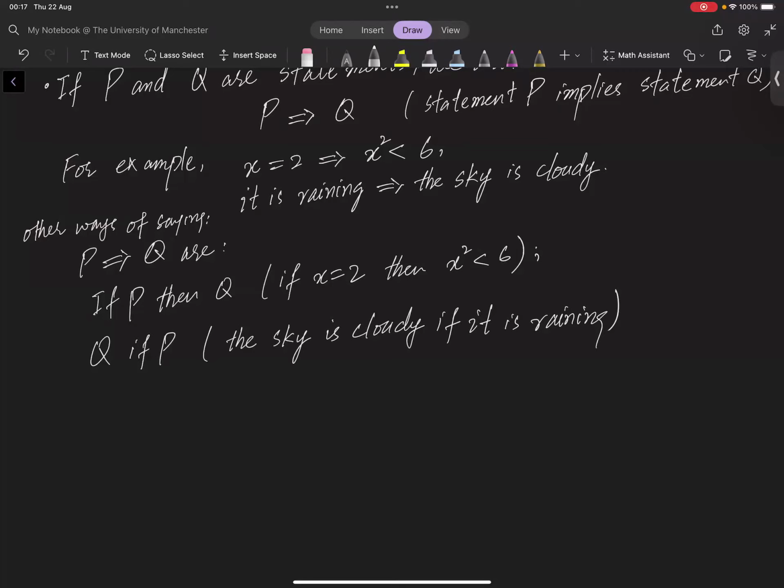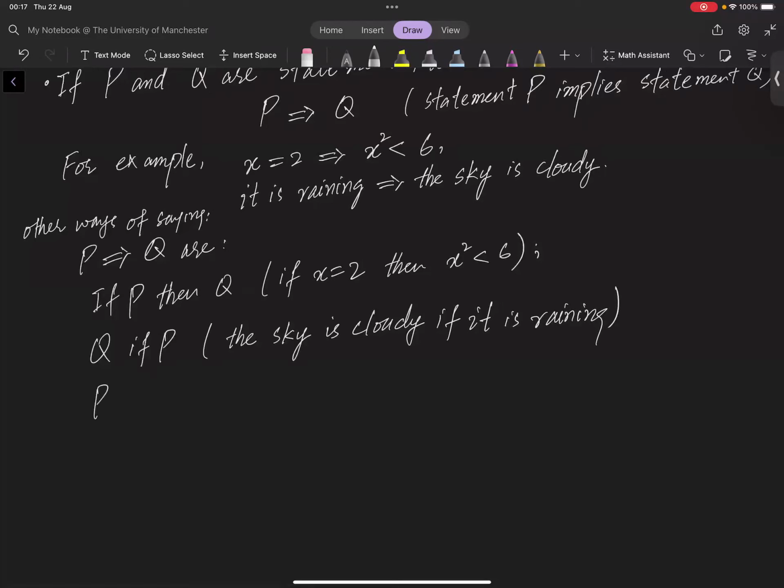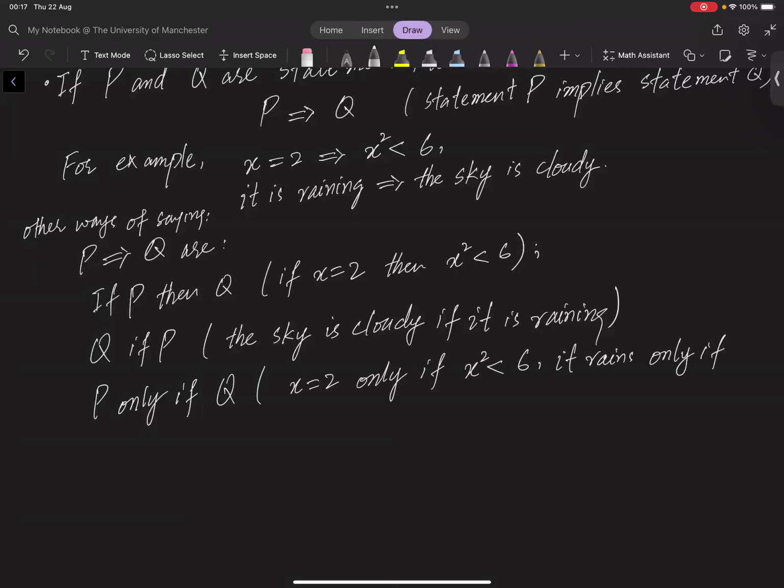Now we have something else, which is P only if Q. That is, x is 2 only if x square is less than 6, or it rains only if the sky is cloudy.